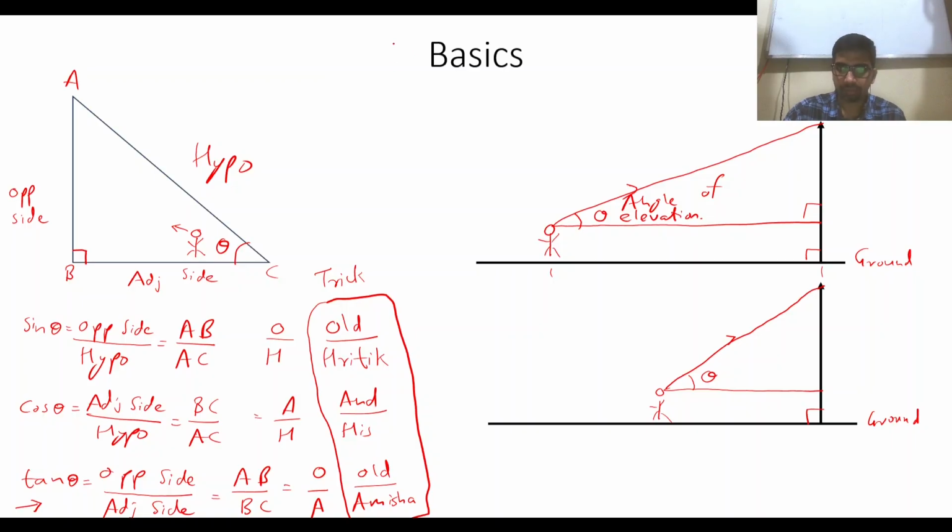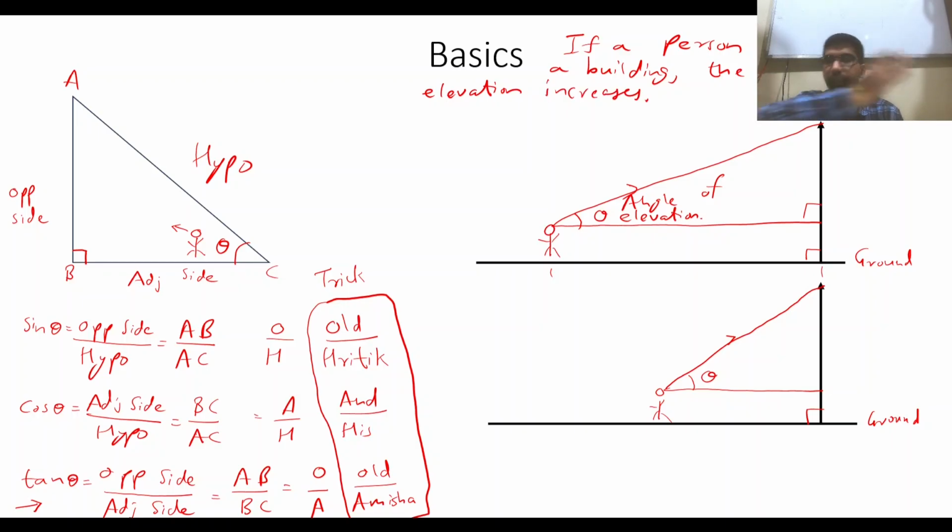So the trick is, if a person goes towards a building, the angle of elevation increases. The opposite is also true.